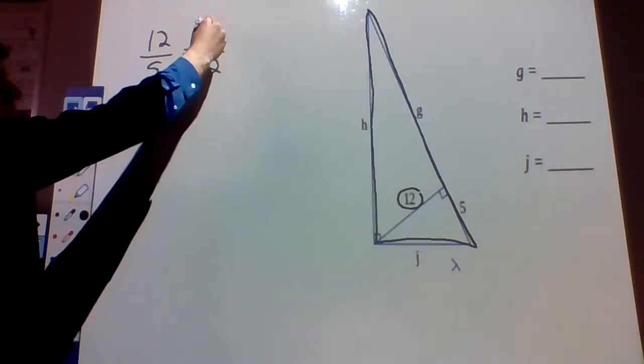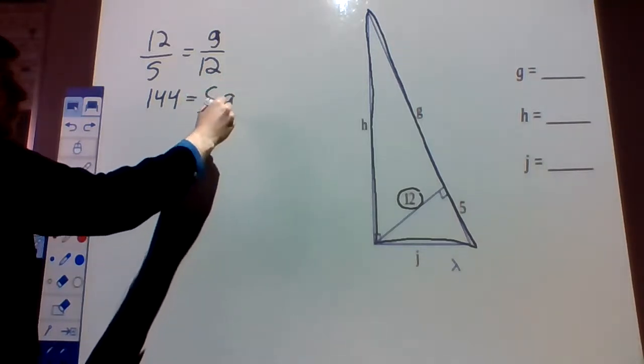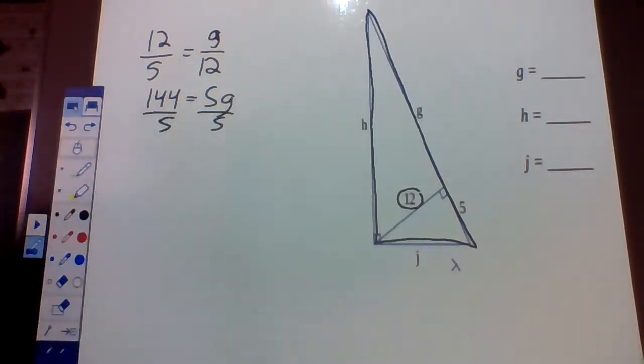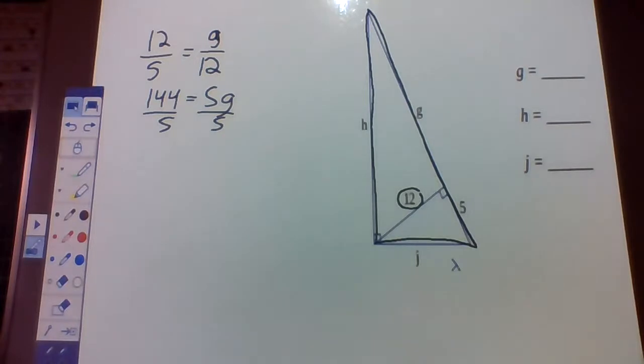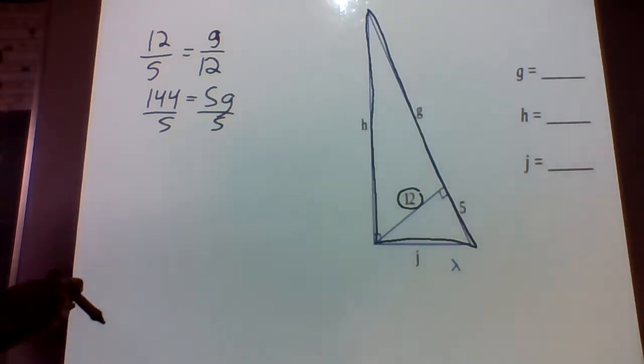5 and g is 5g. Divide by 5, divide by 5. That should be 28 something. 144 divided by 5 is 28.8.